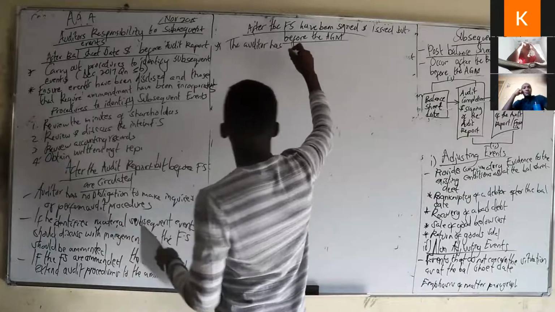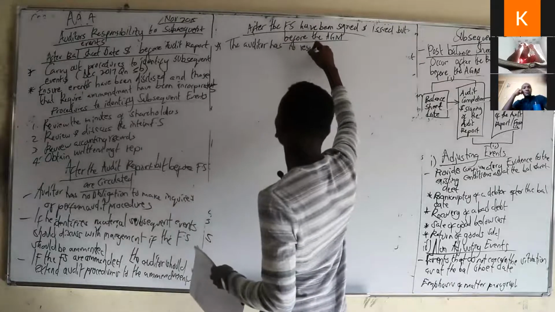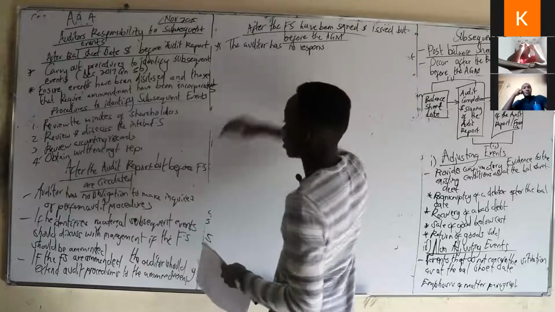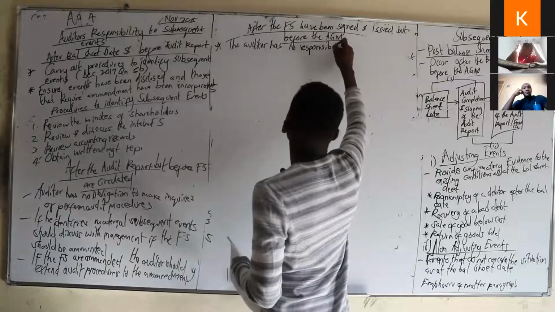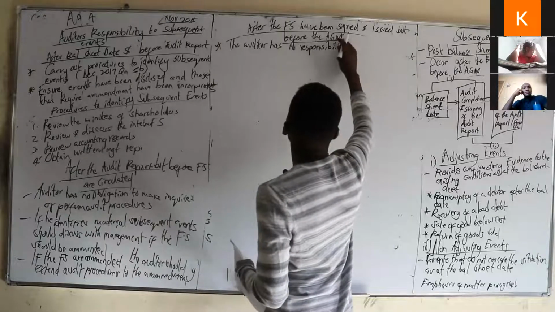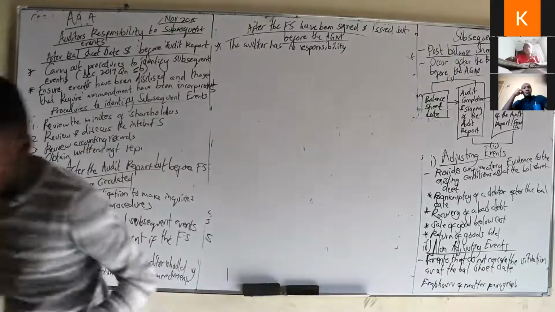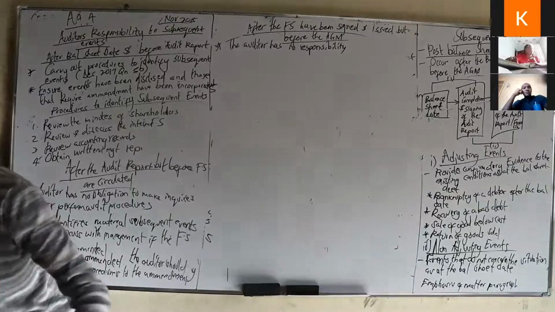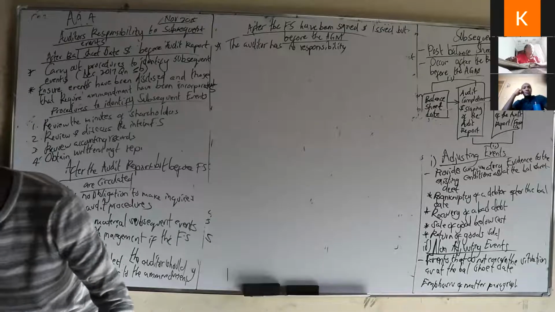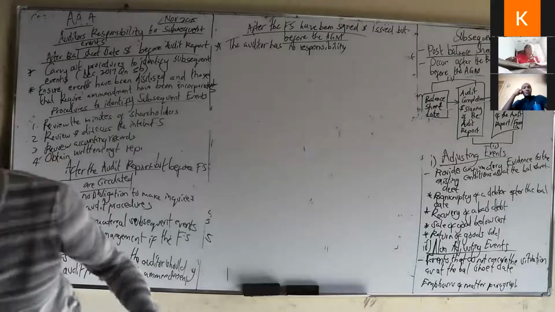Just like what we saw in this case. But if he identifies these misstatements or subsequent events, he should discuss them with the management. He has no responsibility to carry out procedures to identify subsequent events.